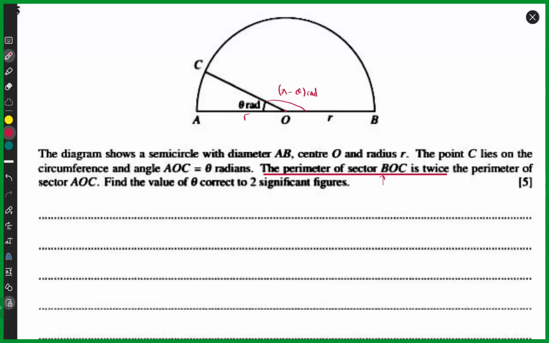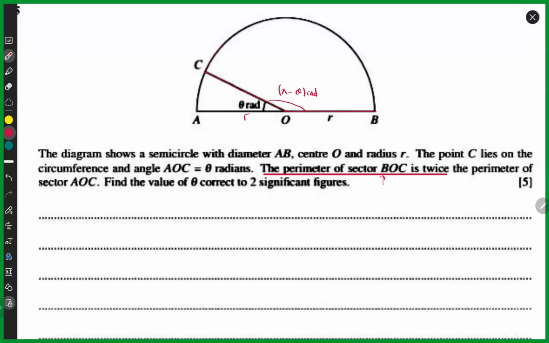That makes sense. If I talk about the perimeter, they are not talking about any other thing. They're using the word perimeter. The perimeter of BOC would include this, and the entire arc length.